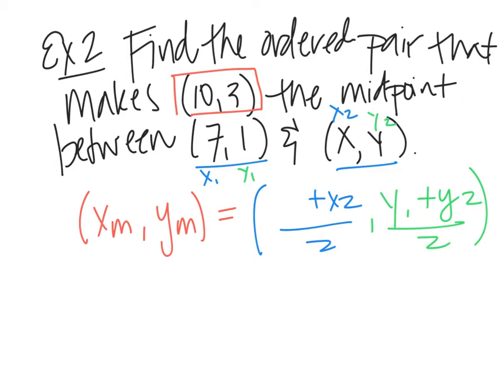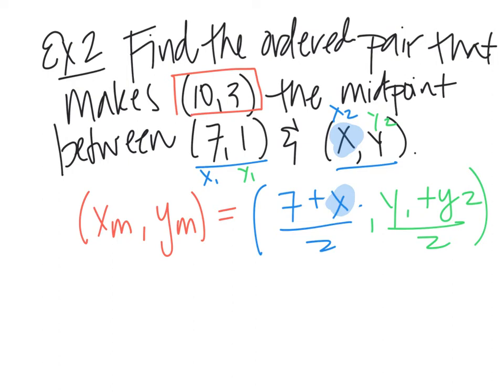In this case, x1 is equal to 7. x2 is just plain old x. So I'm replacing it with the plain old x from the other problem. This x right here became this x right here.